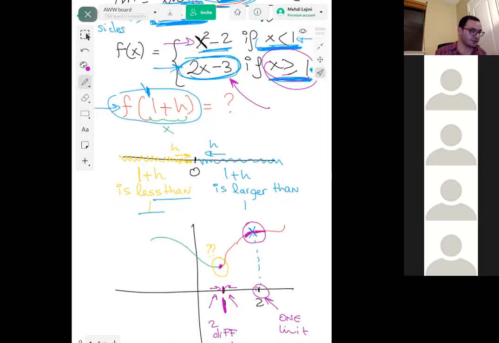Yes, we don't know what h is, but we can distinguish between 2 cases: the case when h is positive and the case when h is negative. If h is positive, then 1 plus h is larger than 1, so I use the second equation, because that's where x is larger than 1. And if h is negative, I use the first equation, because 1 plus h is less than 1. So we have to try out both cases.